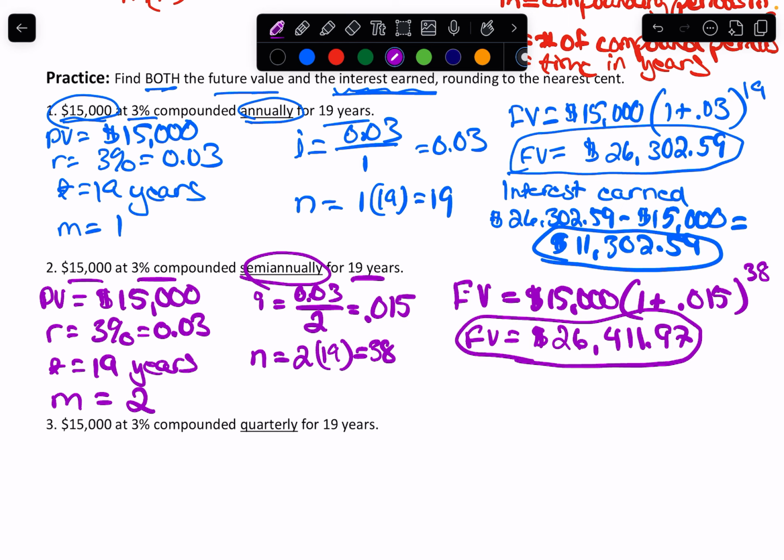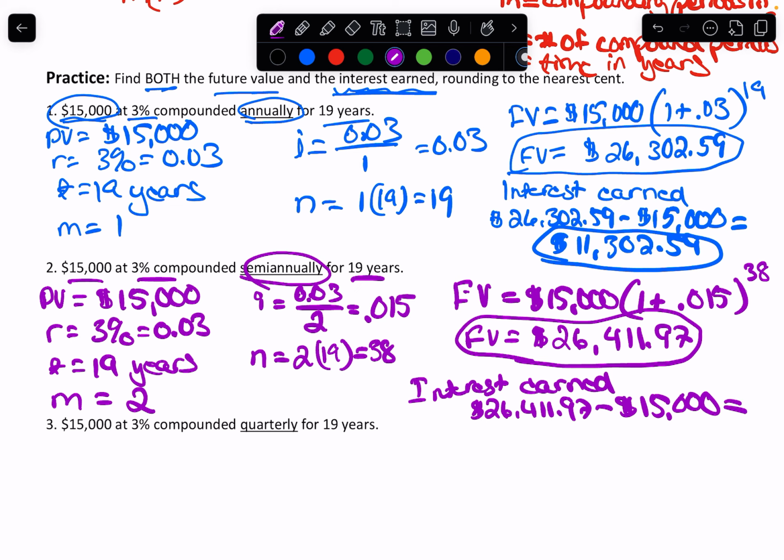Interest earned is, again, we're going to take that future value, $26,411.97, and subtract the $15,000 from it, and we get $11,411.97.